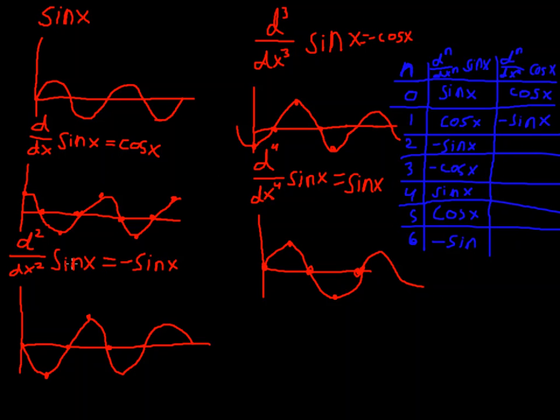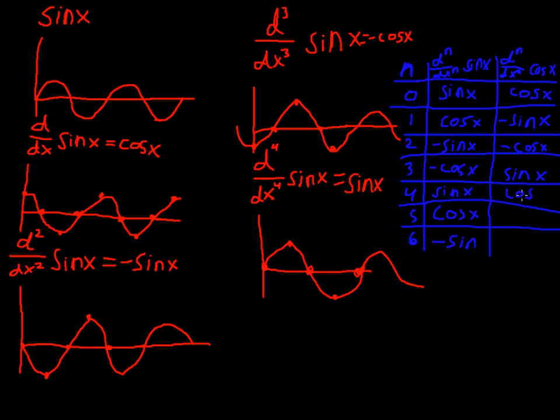The second derivative of cosine x is minus cosine x. The third derivative is going to be sine x. That's the derivative of minus cosine x. The fourth derivative is going to be itself again.